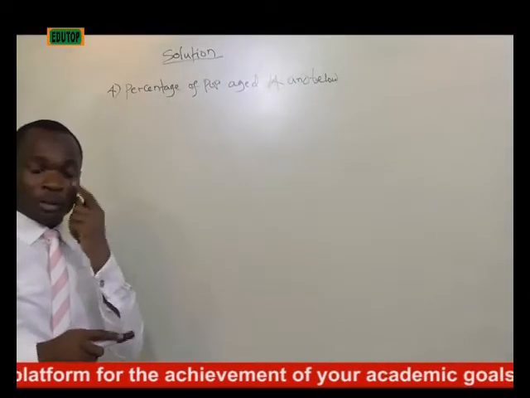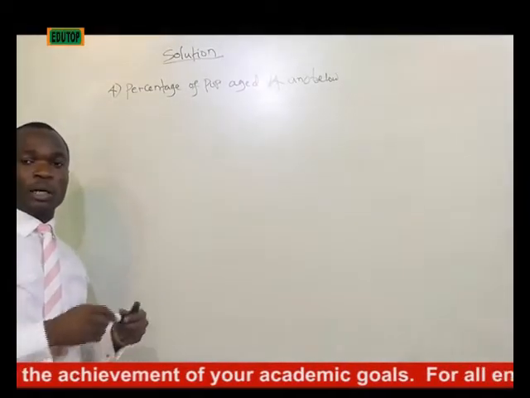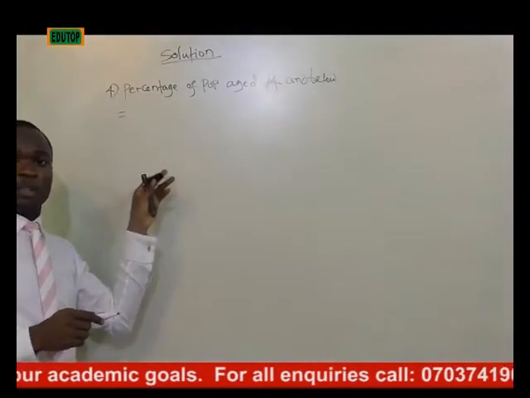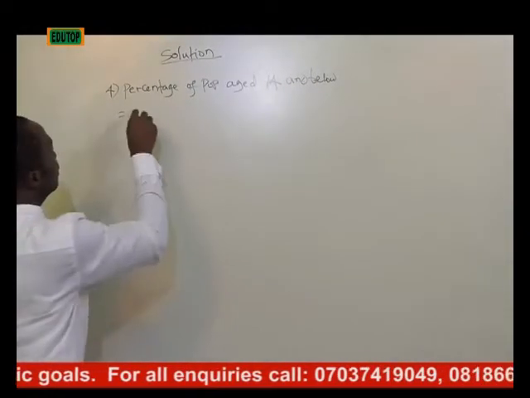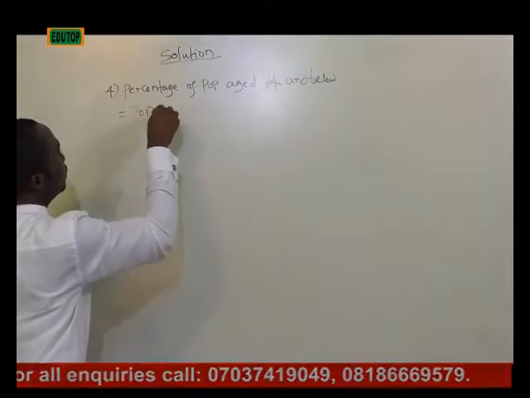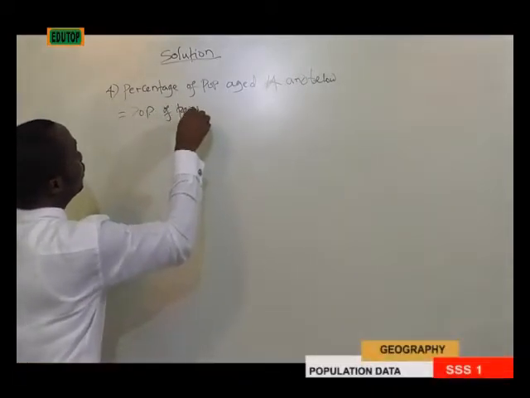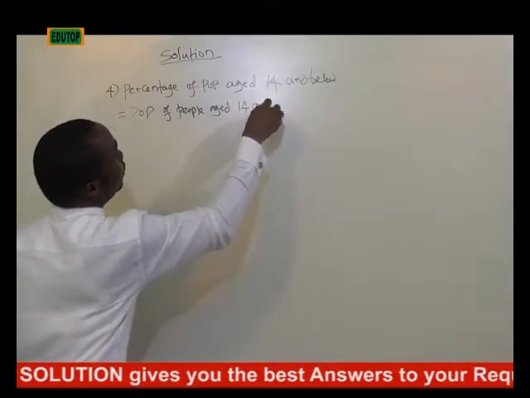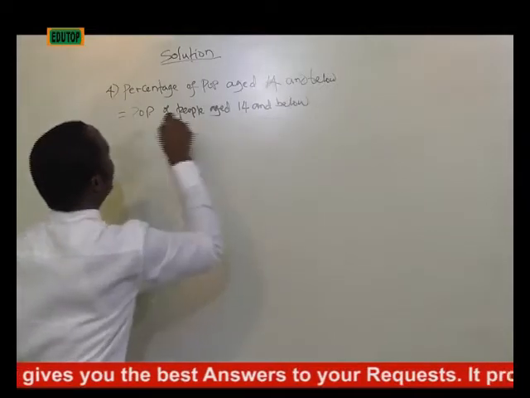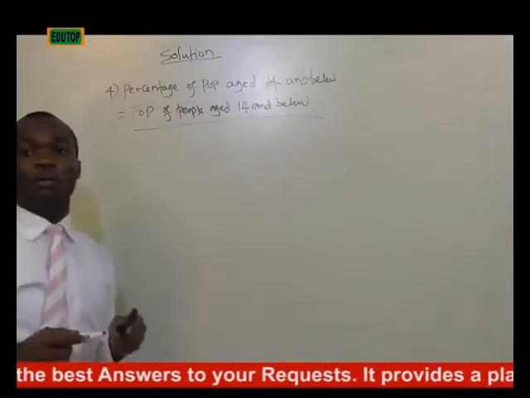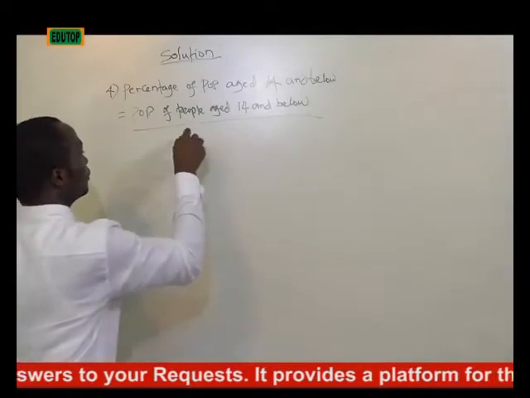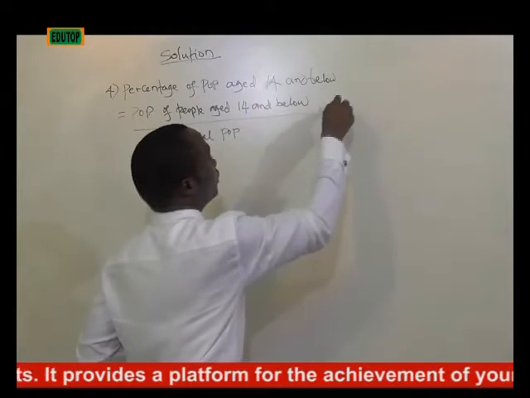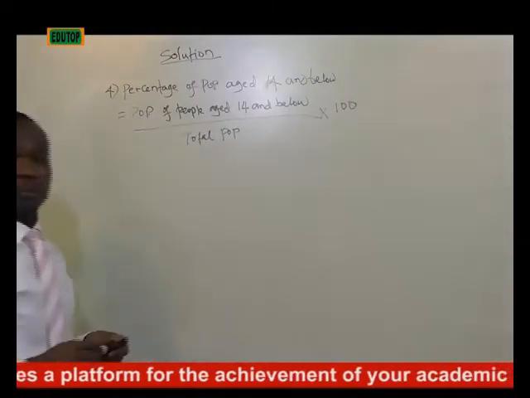To get that done, there's a formula we use, and it says the population of people aged 14 and below, all over the total population, times 100.